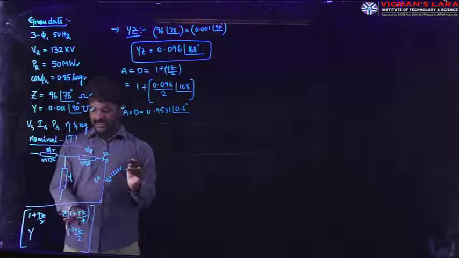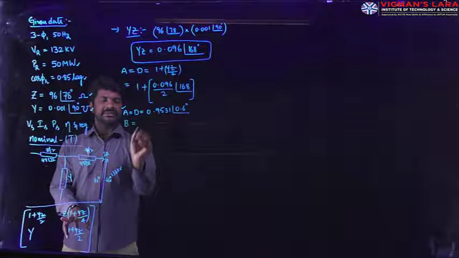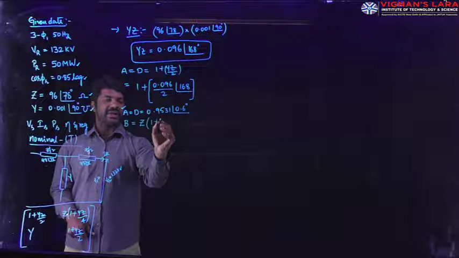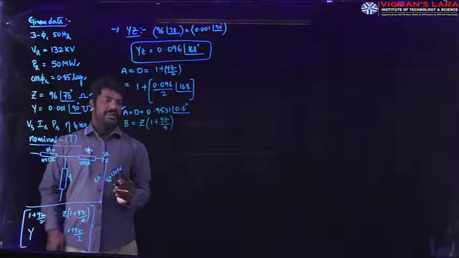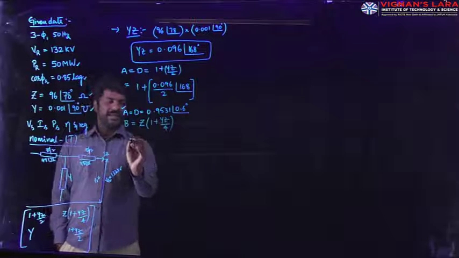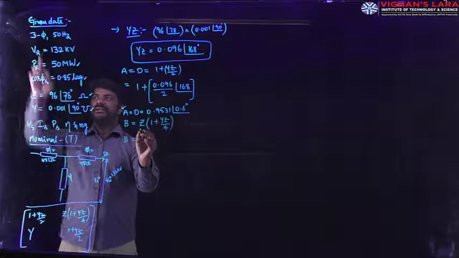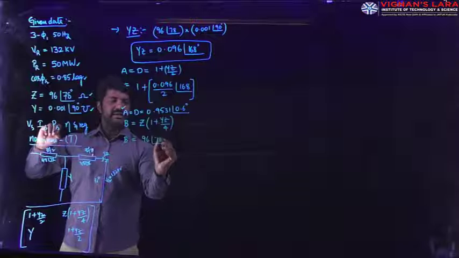And next let me calculate the B constant, whose formula is, since the impedance is divided, Z is to be multiplied with a fraction called 1 plus YZ by 4. Okay. So let me take that B calculation, which is equal to the Z value. The Z constant is 96 at an angle 78 degrees.